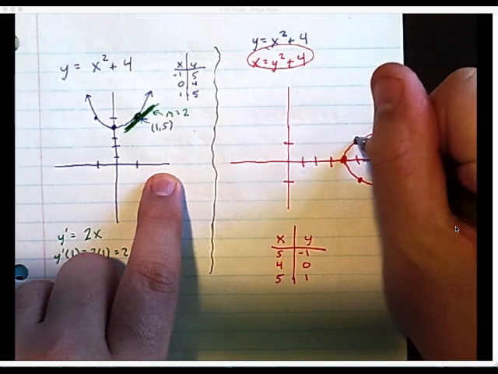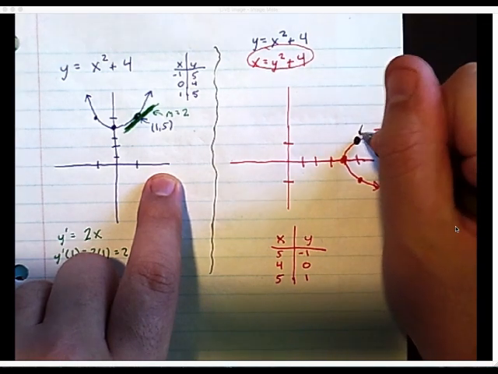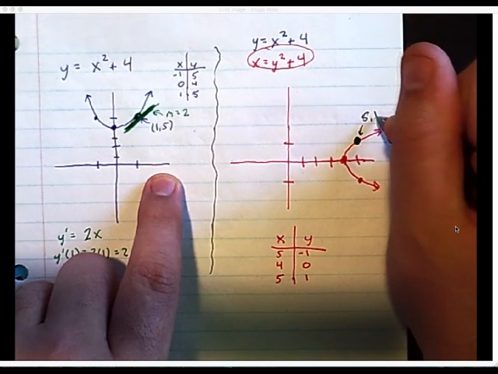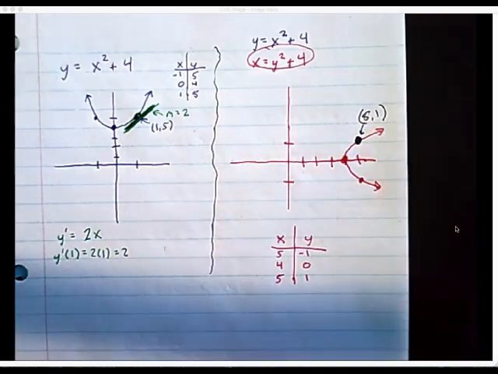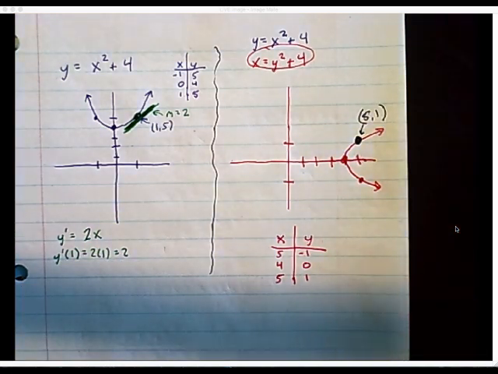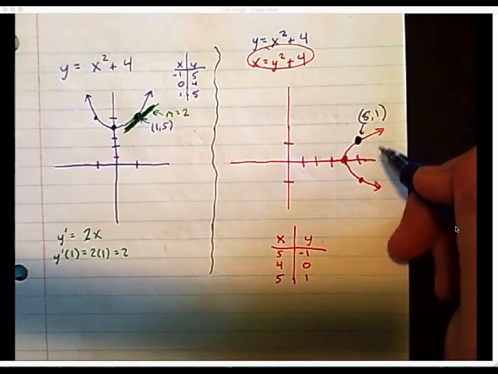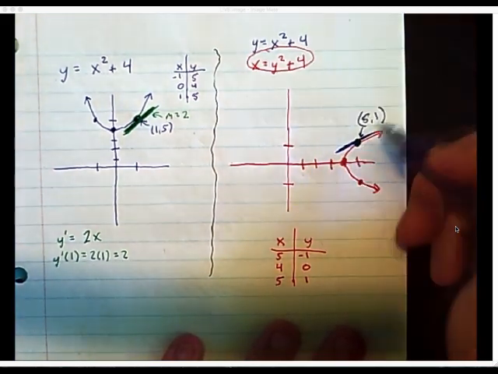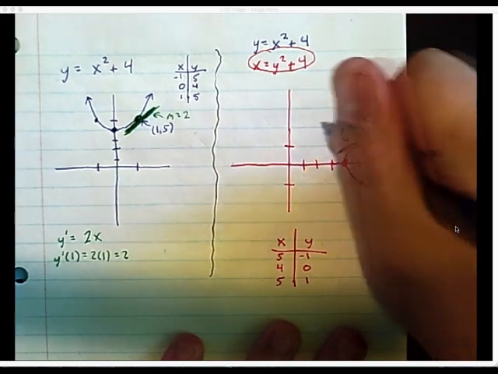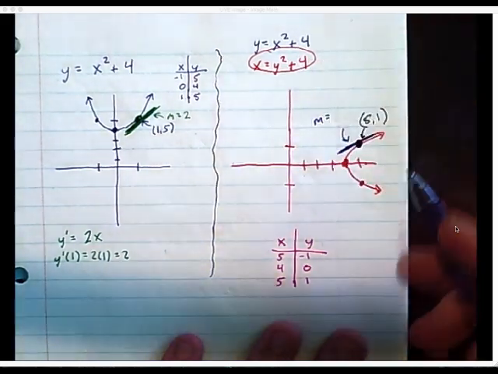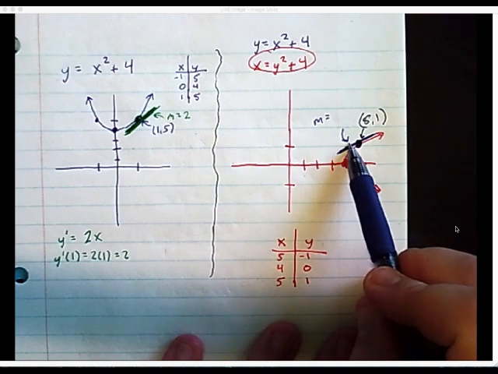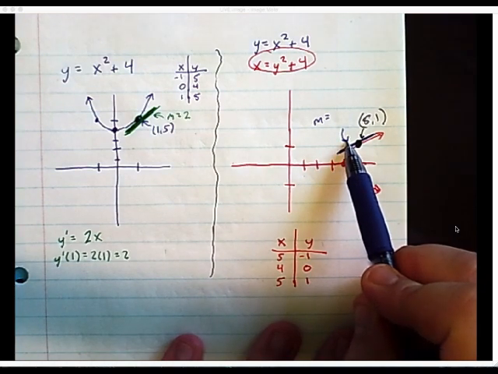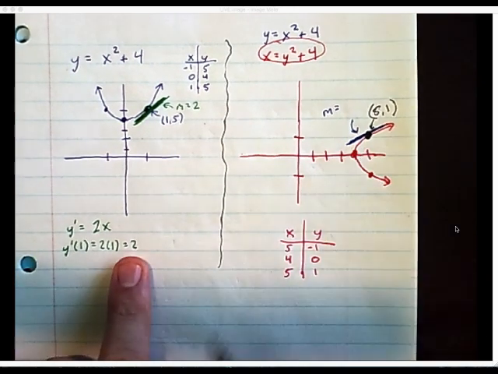So now I'm going to focus in on that point, 5, 1. What you will find, or what the top of that note card says, is if I draw a tangent line to the inverse graph, the slope right there is going to be equal to the reciprocal of that.